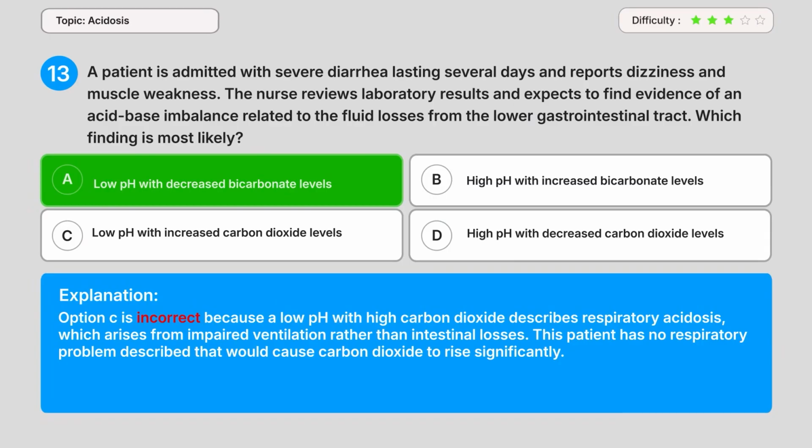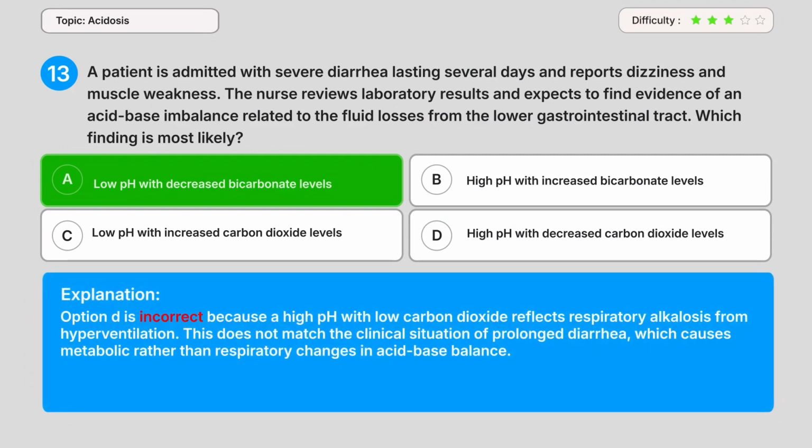This patient has no respiratory problem described that would cause carbon dioxide to rise significantly. Option D is incorrect because a high pH with low carbon dioxide reflects respiratory alkalosis from hyperventilation. This does not match the clinical situation of prolonged diarrhea, which causes metabolic rather than respiratory changes in acid-base balance.